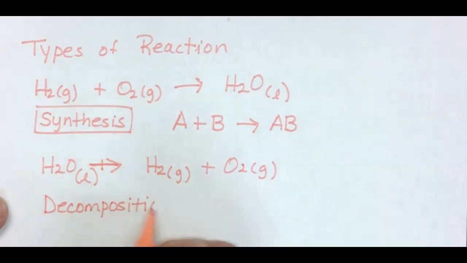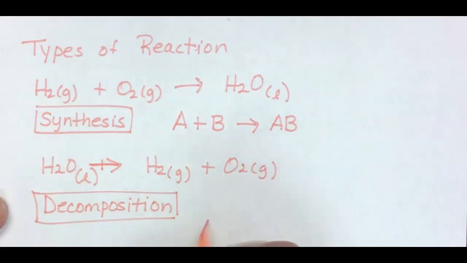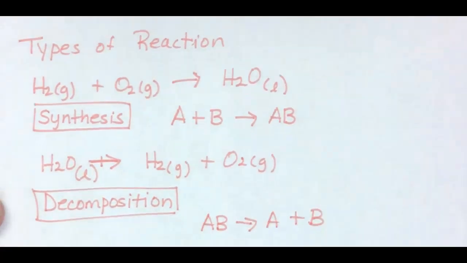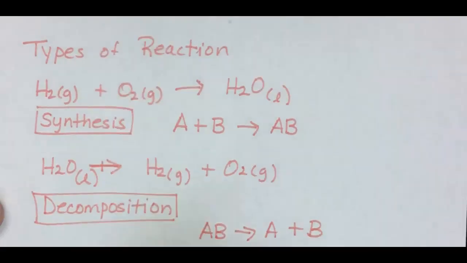So we're decomposing it, we're breaking it down. And again, it's going to look just the opposite of the synthesis. Okay, so we're going to say the compound AB breaks into its A and its B. Okay, so that is 2 of our reactions.